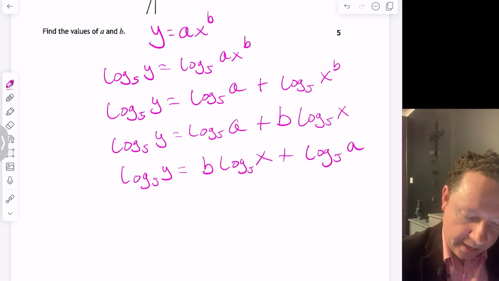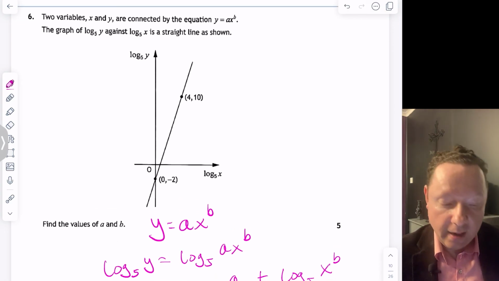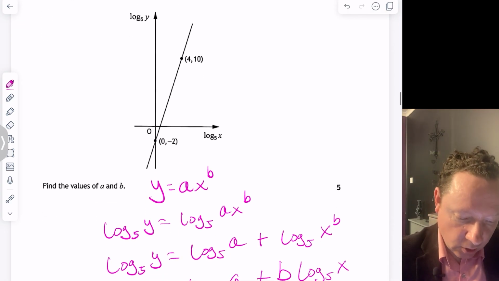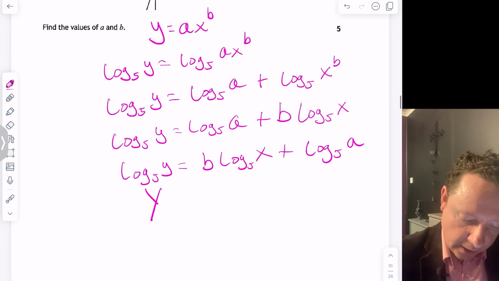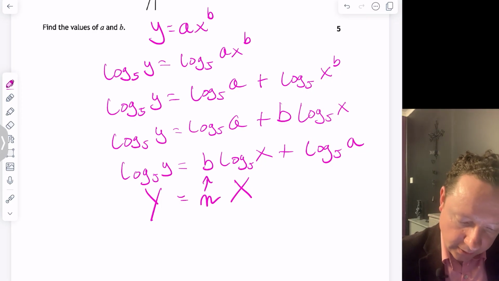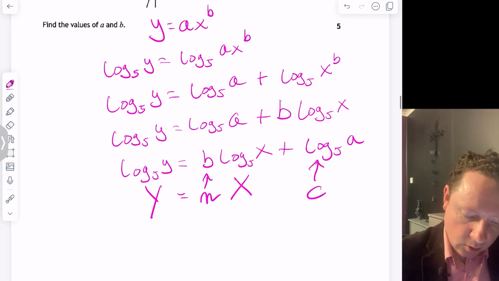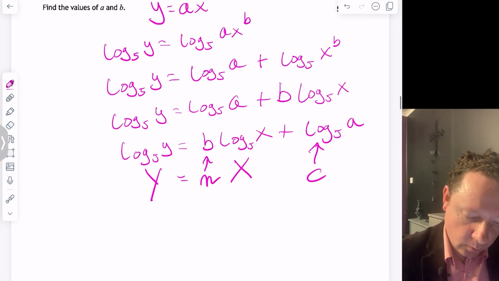So now just comparing your graph, your y-axis is log base 5 of y, so that's like your y, and your x-axis is log base 5 of x, so that's like your x. So that bit there is your gradient, mx, and that bit there is your c. So the gradient is b. So what's the gradient of this line?